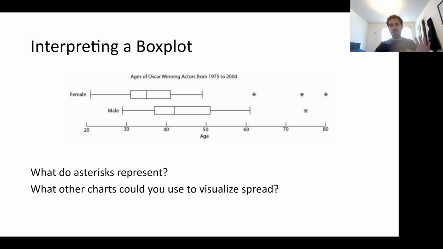They do repeat age both in the title and the axis, which may be a little redundant, but it's split by gender, so you're seeing two distributions. And it seems like men tend to be older than women when they win an Oscar, at least in this time period. And this is the qualification like we were talking about in Lecture 1, at least from 1975 to 2004. We don't want to extrapolate beyond that because we didn't use data beyond that.